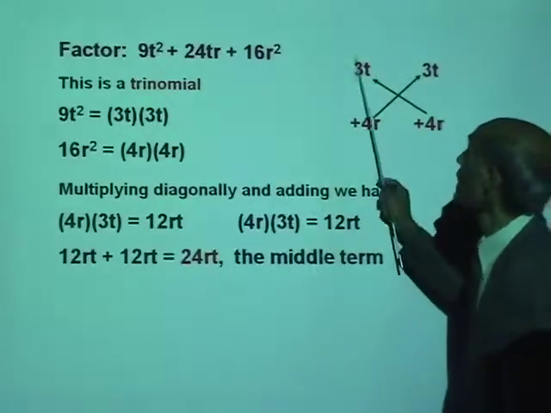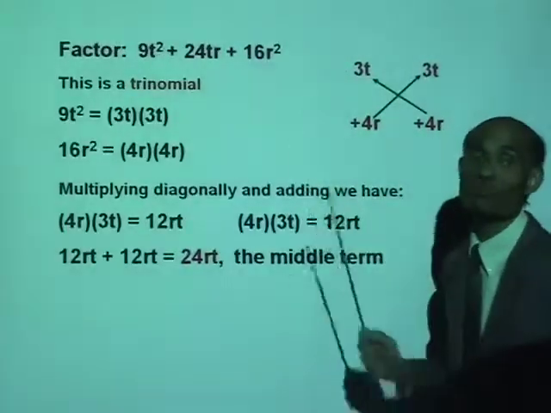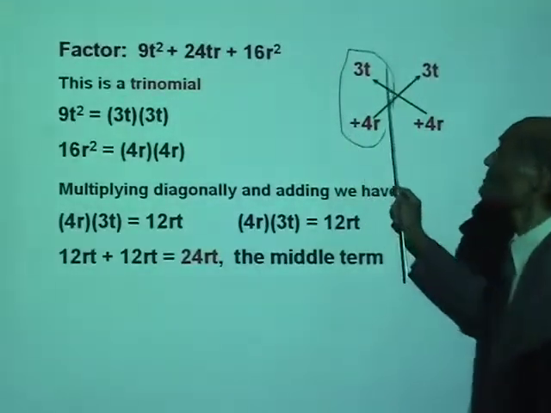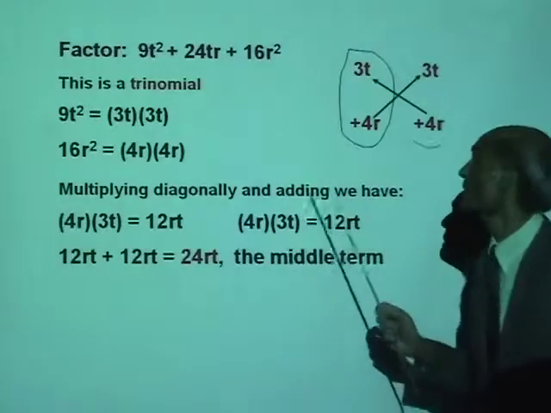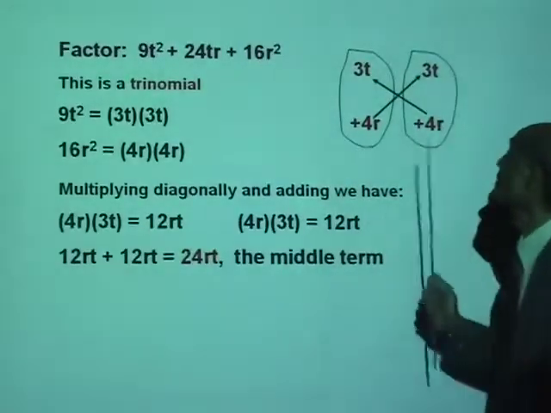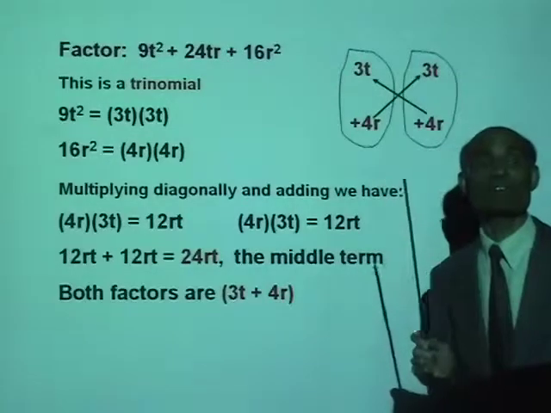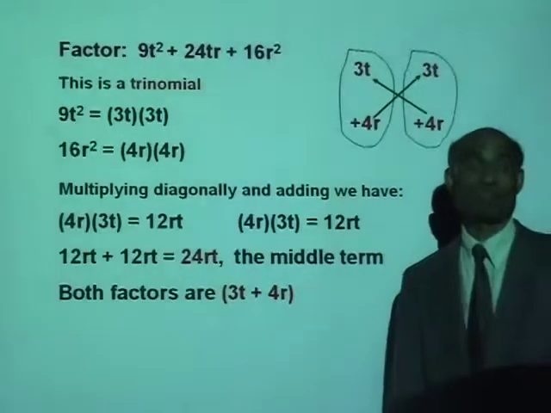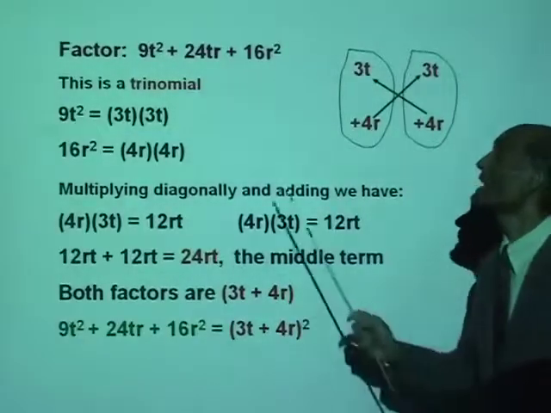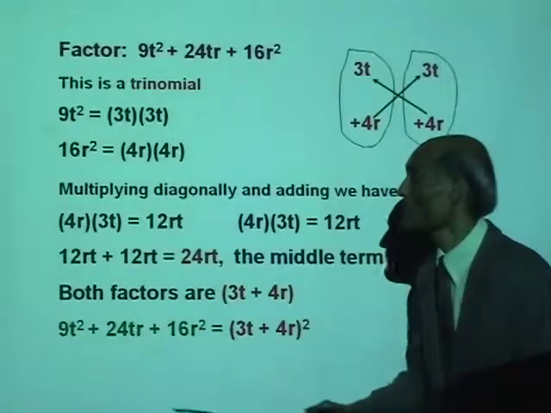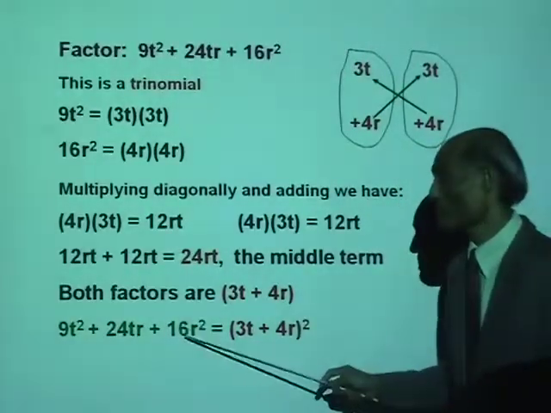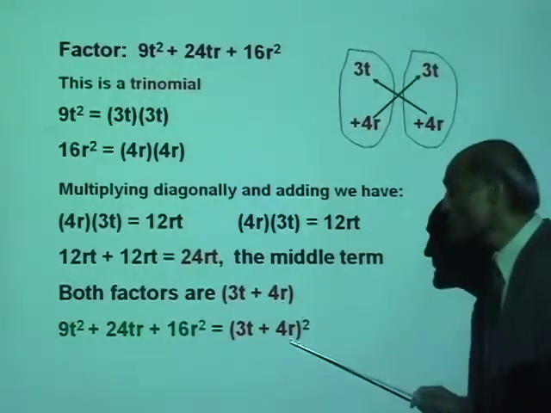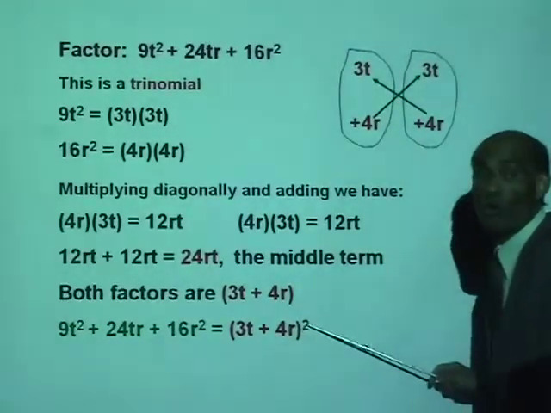And so, what are the two factors of this trinomial? The first factor is 3t plus 4r. The second factor is also 3t plus 4r. Therefore, we say both factors are 3t plus 4r. And we will write 9t squared plus 24tr plus 16r squared equal to the quantity 3t plus 4r all to the power of 2.